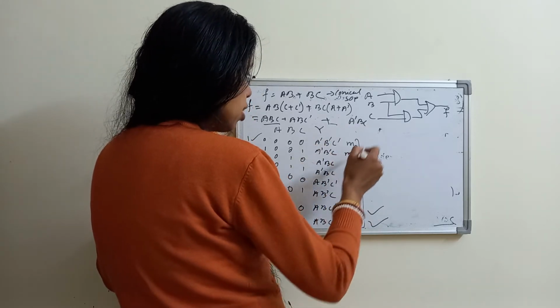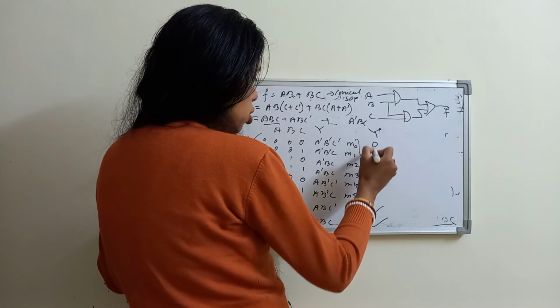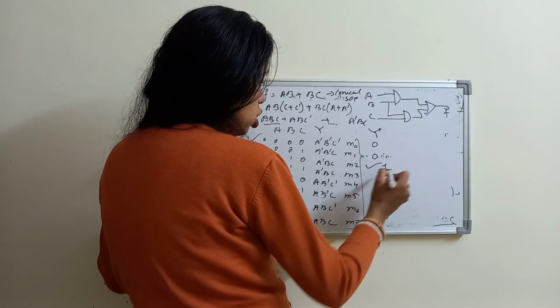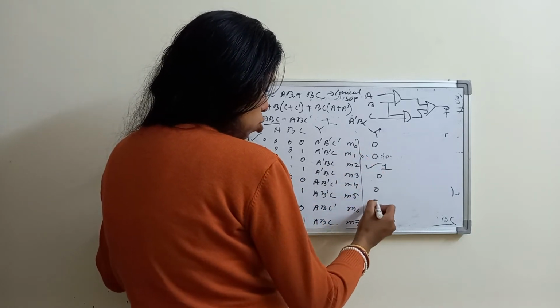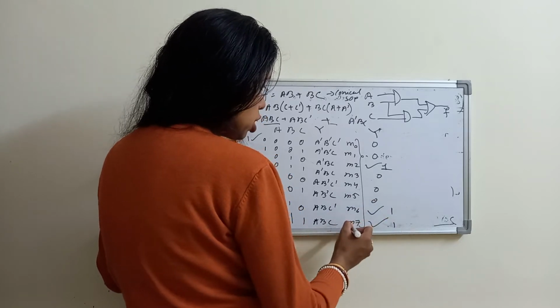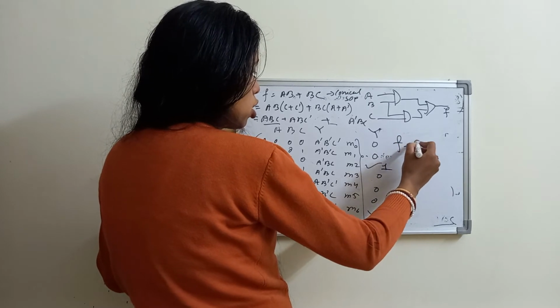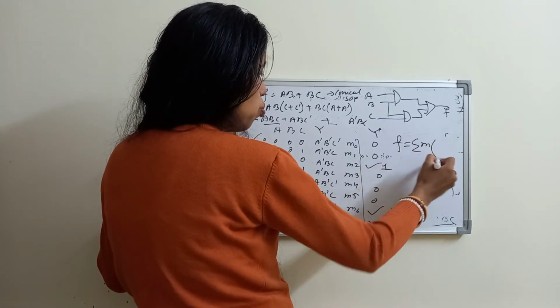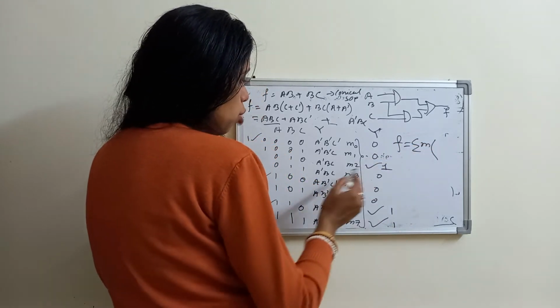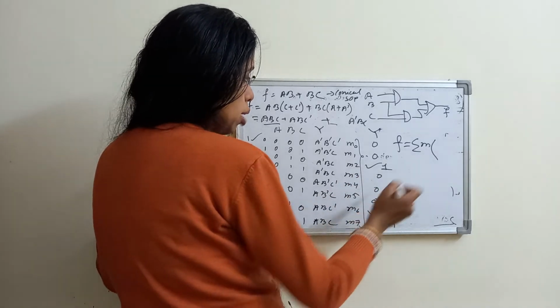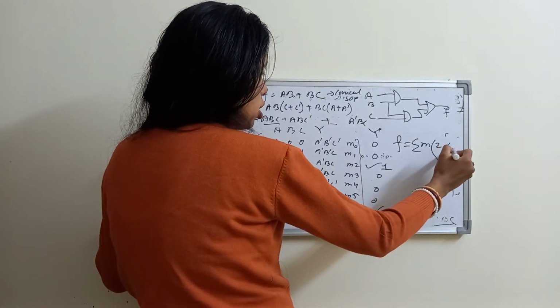That means if you want to write the truth table for Y, here it is 0, in this condition it is 1, here it is 0, in this condition it is 1. M6, M7, M2 are available. If you want to write the function in summation form, the minterms available are M2, M6, M7, that is 2, 6, 7.